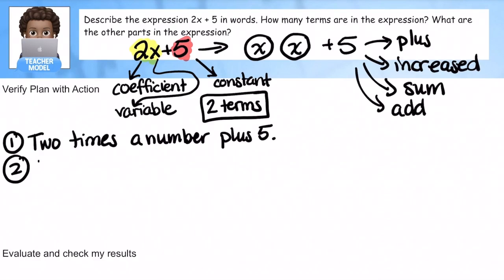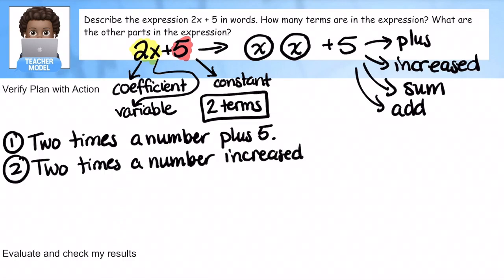Okay, these are all different ways. So let's try that other way. 2 times a number increased by 5. How many different ways can you think of those 2 x's? So some people could say 2 times a number, n, or double. Ooh, I like that.